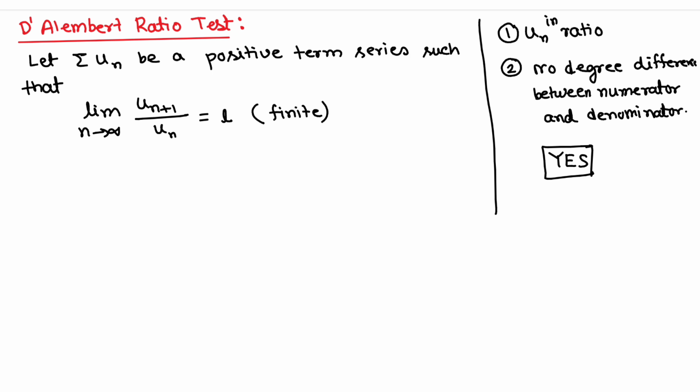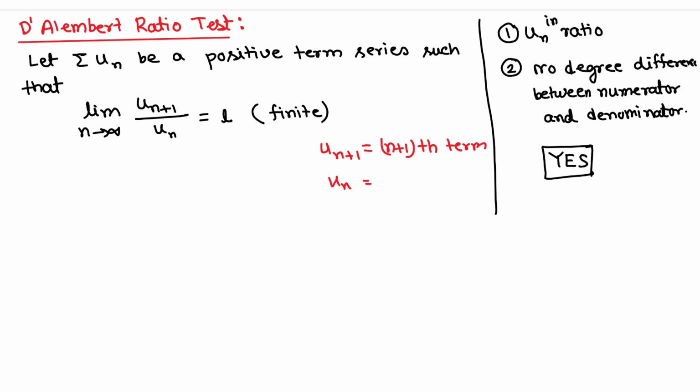What is un plus 1? Un plus 1 means n plus 1th term of the series un, and un means nth term of the series un.